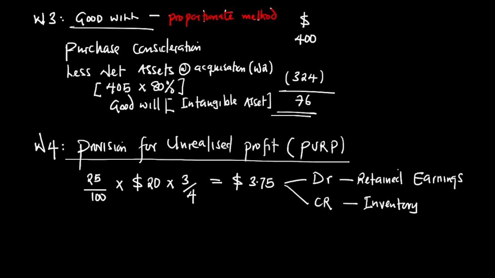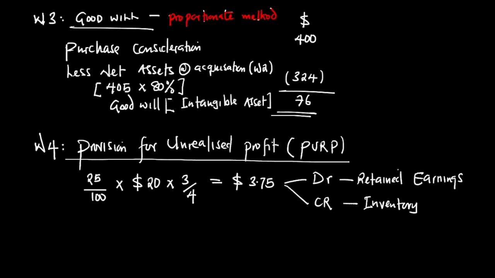So this unrealized profit of 3.75 has to be reversed by debiting the retained earnings, because retained earnings has got a credit balance. So by debiting, you are reducing. Inventory too has a debit balance. So by crediting, you are reducing the inventory, because we realize that these goods are still within the group.